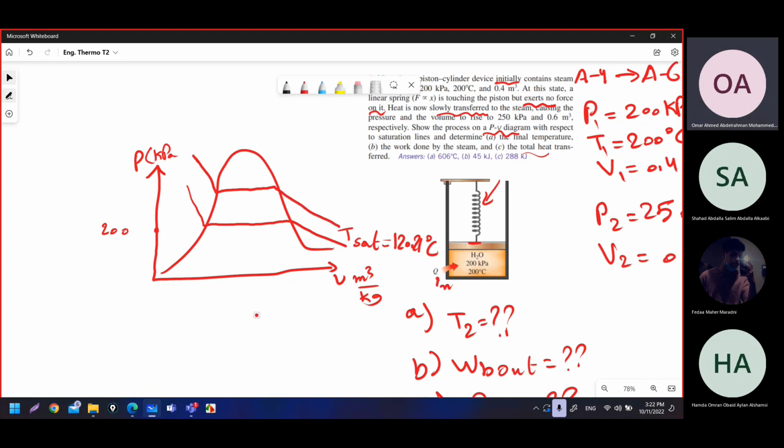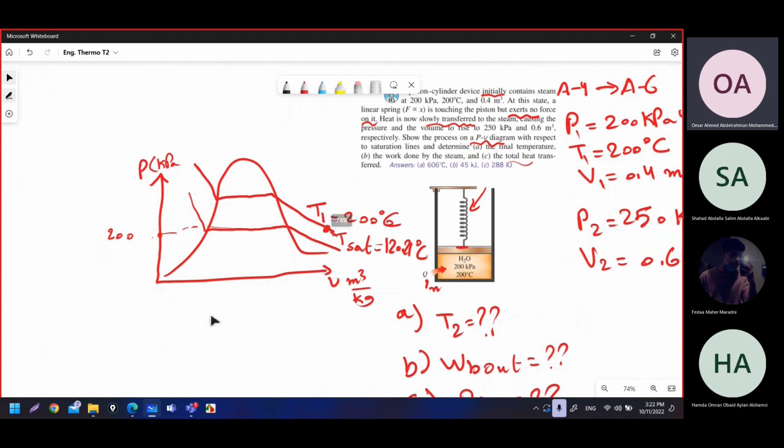So this is T1, equal to, for example, 200 degrees Celsius, and it must also pass through the point at 200 kilopascal. It is located on the constant temperature line for 200 degrees Celsius. That is my state, a superheated state. So that is the place for state 1.